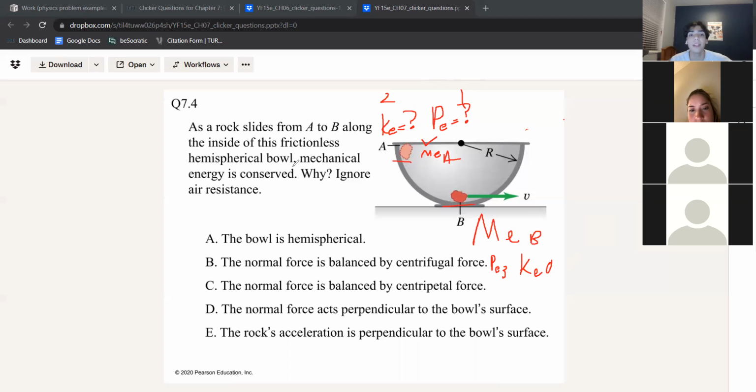That's what the law of conservation of mechanical energy essentially says: no matter what, the total amount of energy in an object will always be the same. So if I was looking at this, I don't know if that helps me. I'm gonna be honest. I know that to be true.